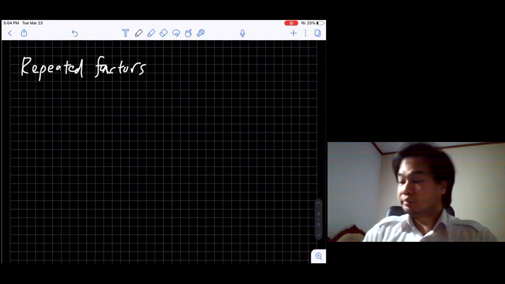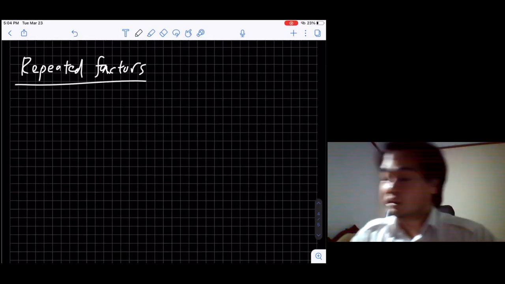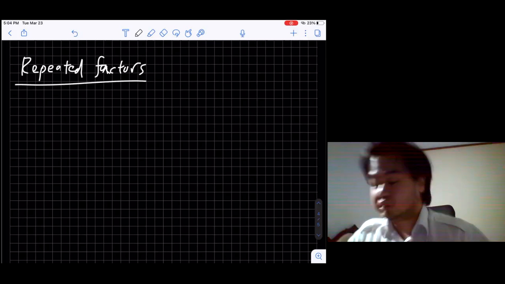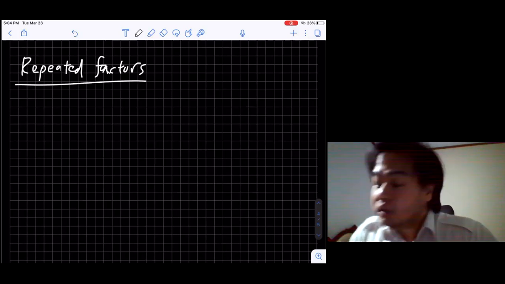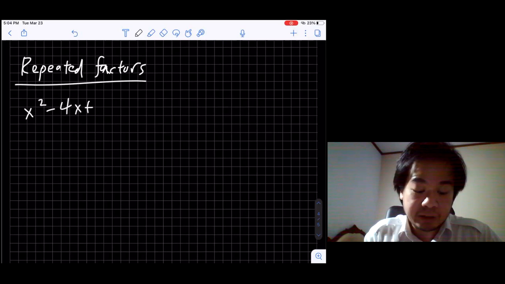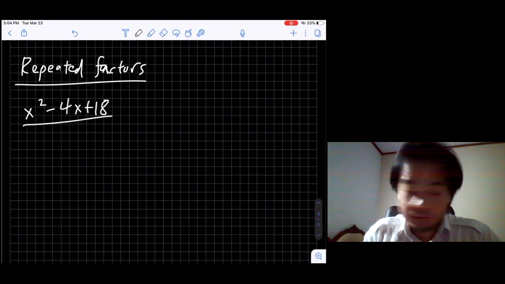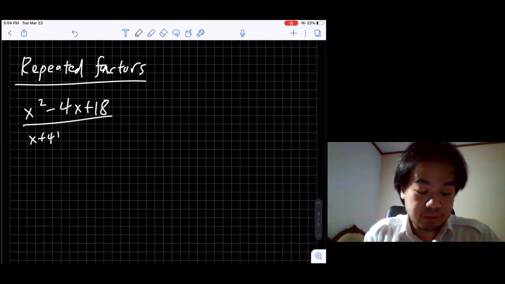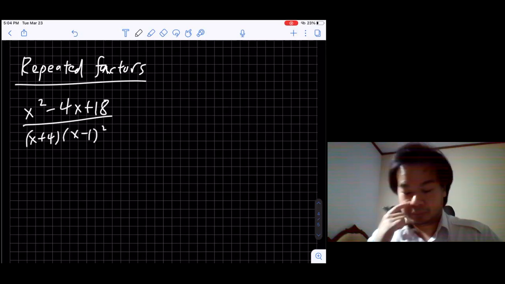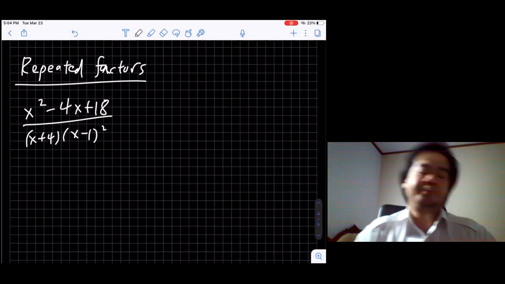I take the example from your book, page 464. What I have there is (x squared minus 4x plus 18) over (x plus 4)(x minus 1) squared, and I want to integrate this.